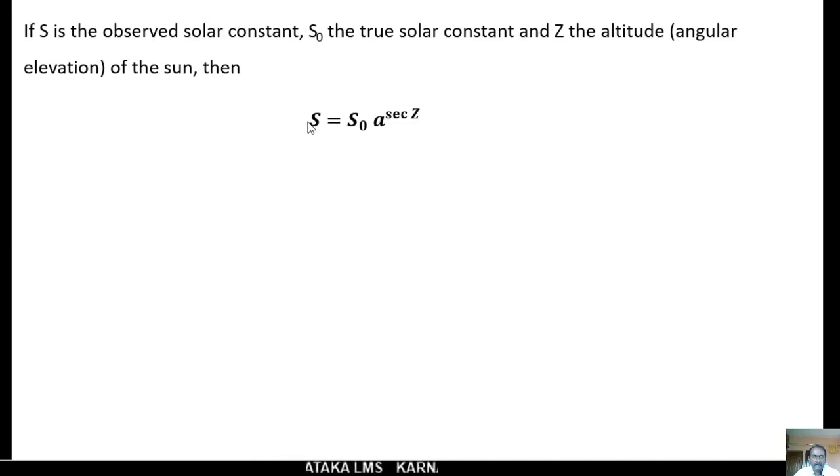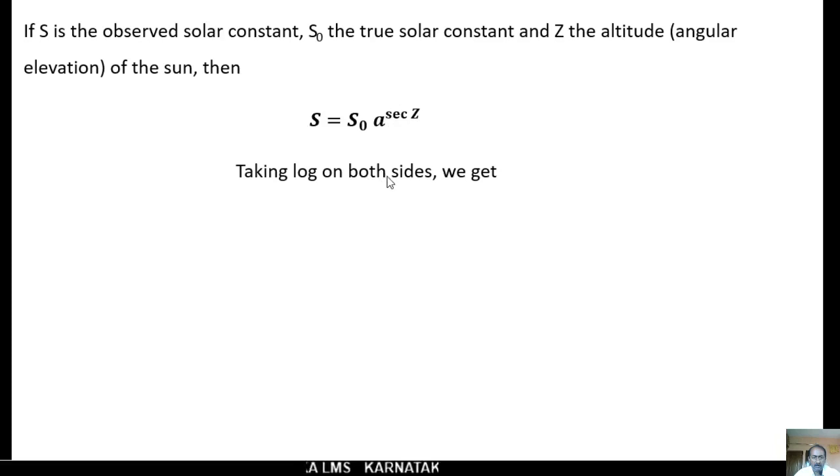S equals S naught into A to the power secant Z, where Z is the angular elevation or altitude, and A is the constant.